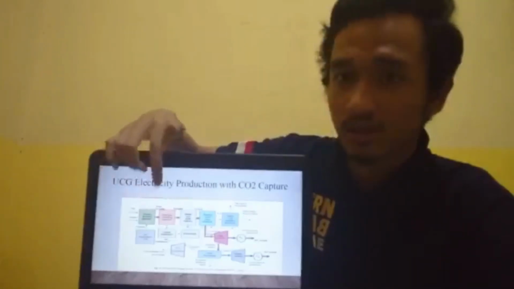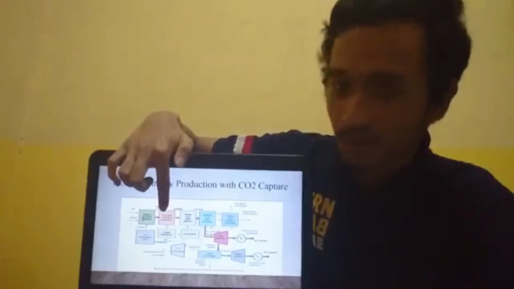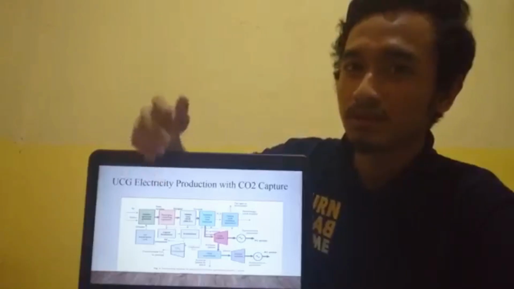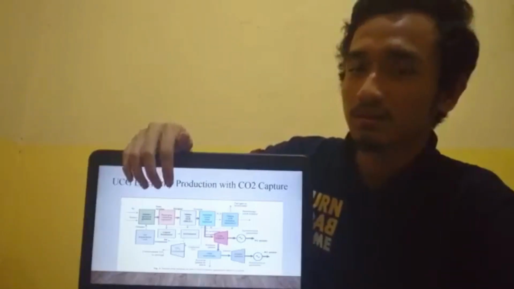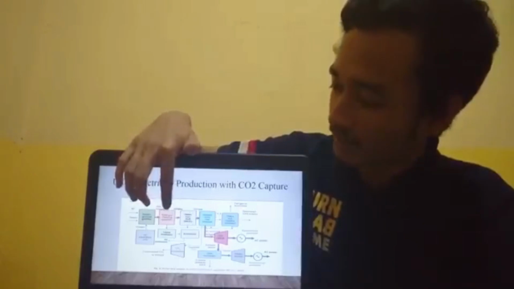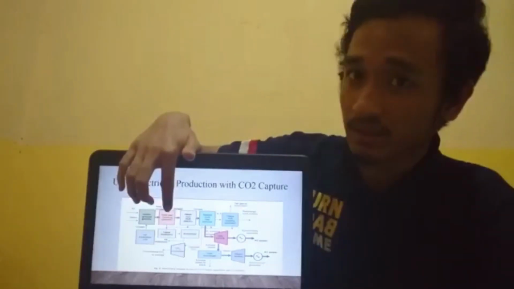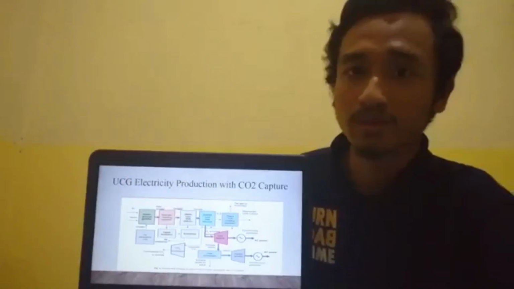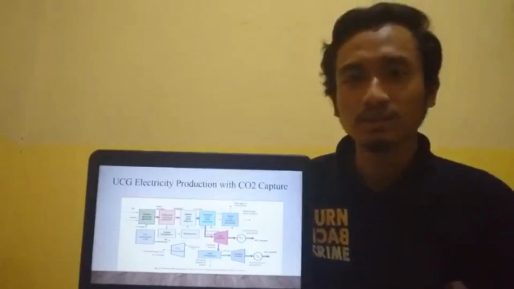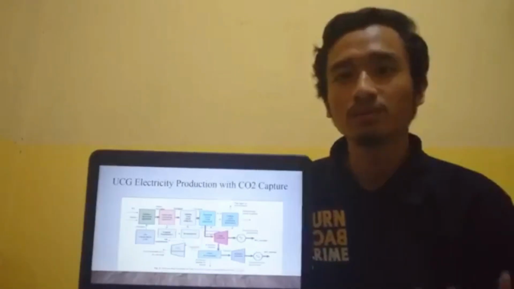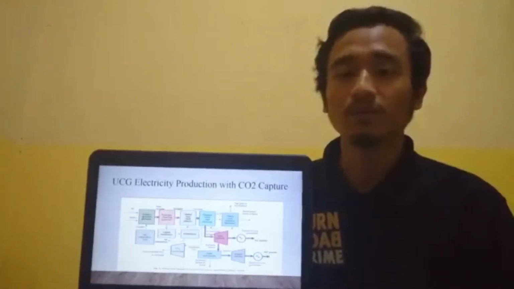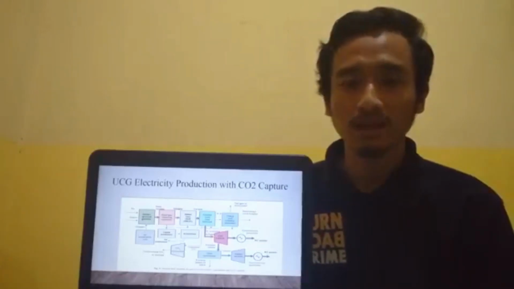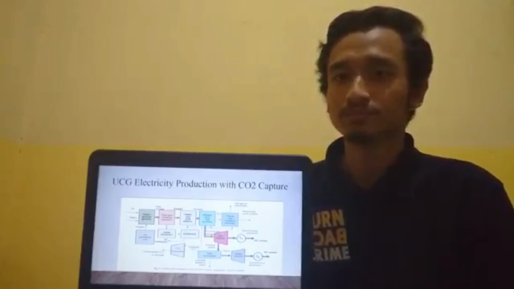The raw syngas is then cleaned up and goes to the water gas shift process, the reaction of carbon monoxide and water vapor to form carbon dioxide and hydrogen.